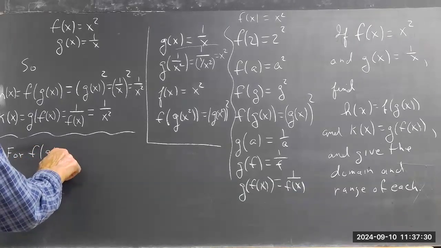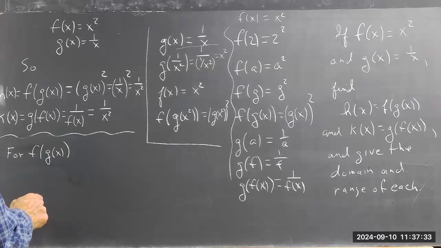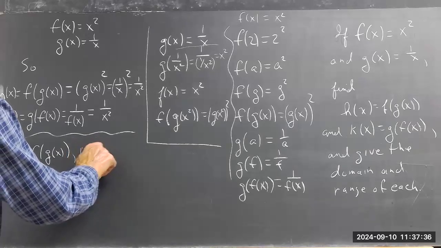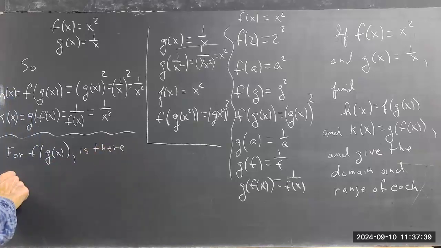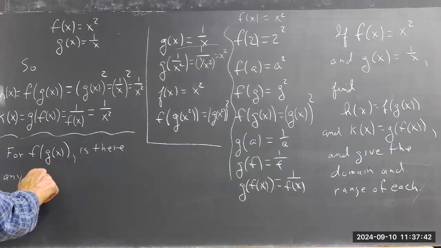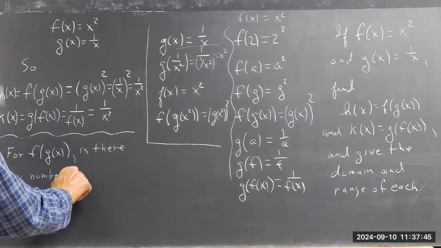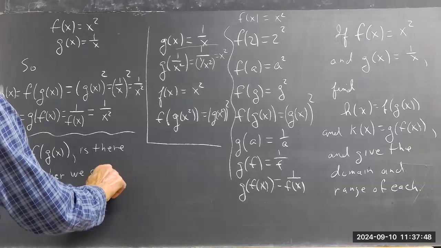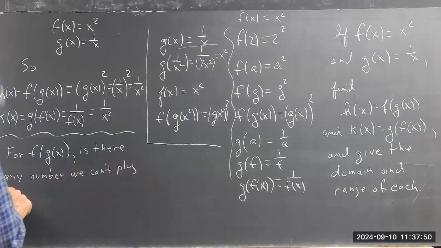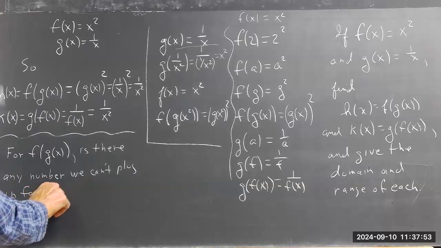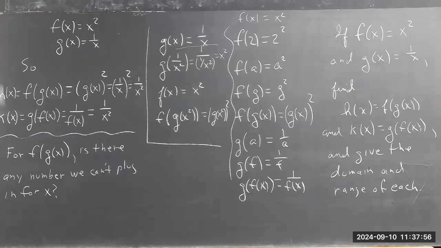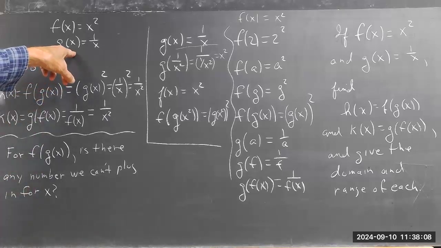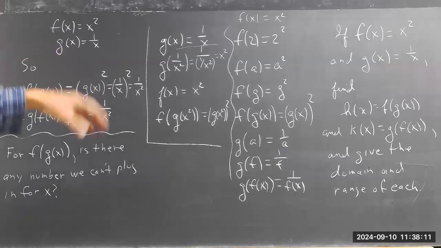For f of g of x, is there any number we can't plug in for x? Well, what's the first thing x gets plugged into? It gets plugged into the g of x function, right? Is there any number that can't be plugged into the g of x function? There is. Show me what it is with your hands.